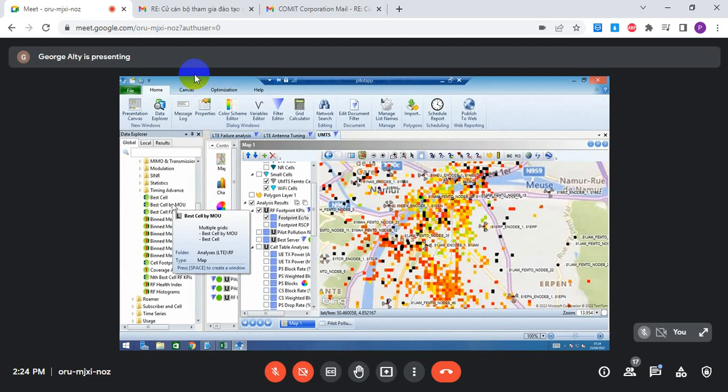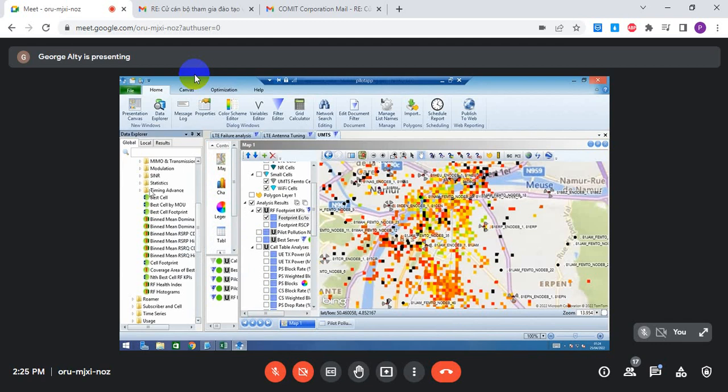So when you run the best cell plot, you don't get a contiguous area, even when you've got good data in there for a number of days. What you can do at that point is run the MOU, because the MOU is based on the server, and then you will start to get a contiguous plot. So best cell by MOU is very useful, but for UMTS maybe not so much.